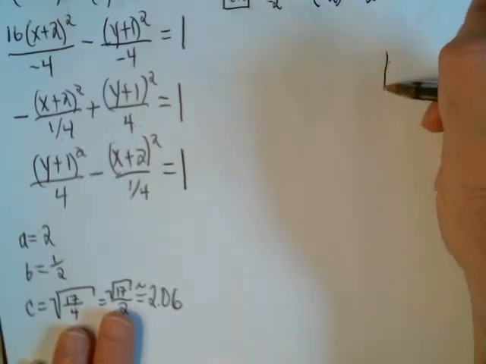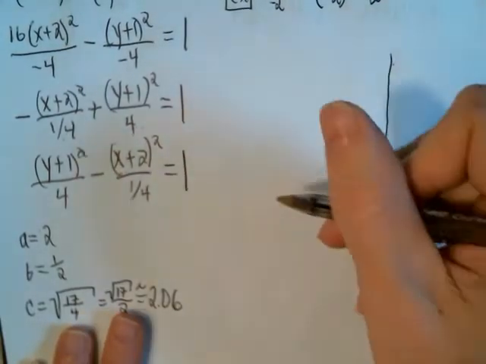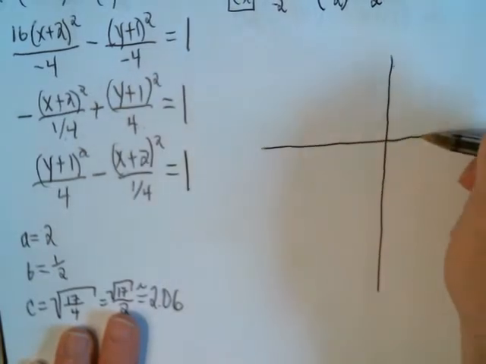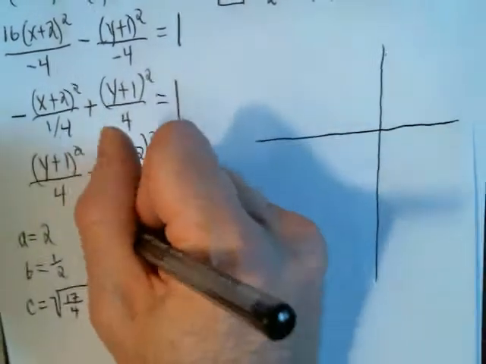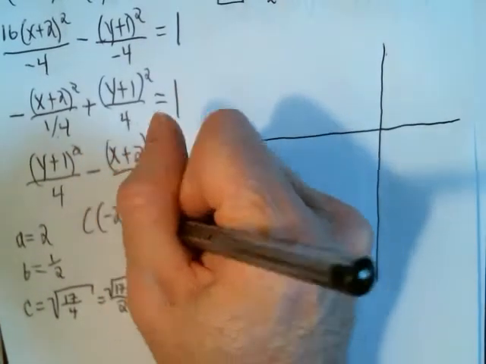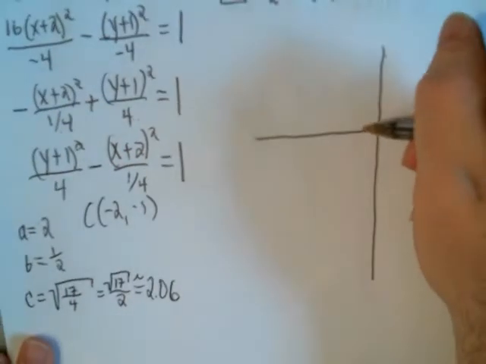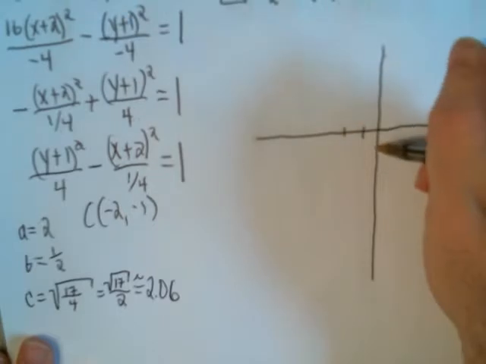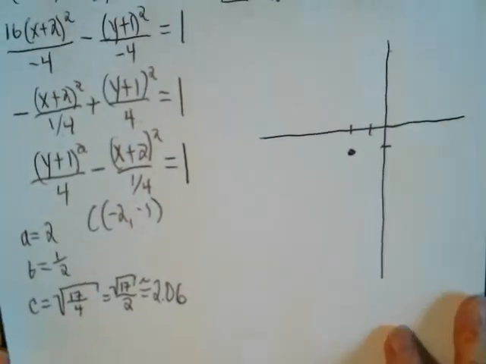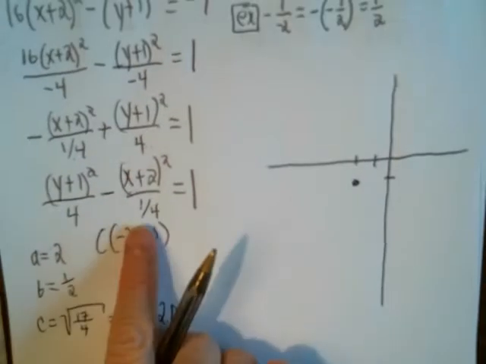Okay, so the majority of this graph is going to be in the third quadrant. Let's find the center. So the center is at negative 2, negative 1. So what is the orientation?